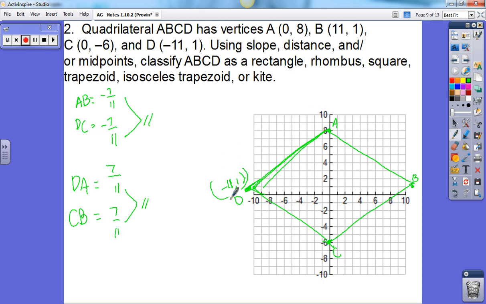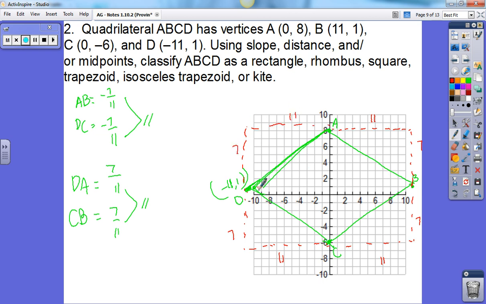So basically, it's a parallelogram, and it has to be either a rhombus or just a plain parallelogram. So let's look at the sides and see the lengths on them. Notice though, if you look at our slopes, all of our slopes are not the same, but the same numbers. So we've got 11 and 7, here 11 and 7, here 11 and 7, and 11 and 7 as well.